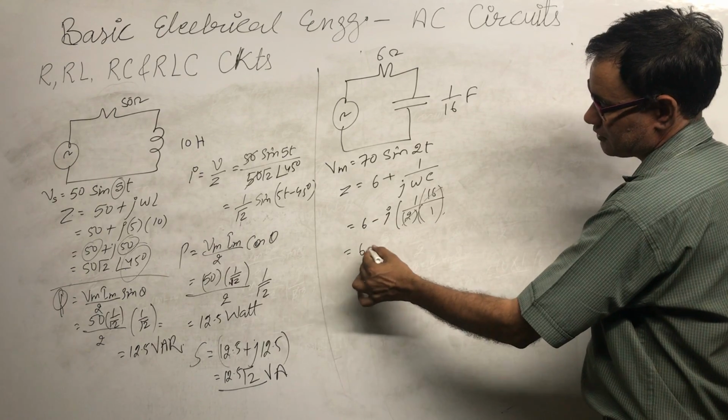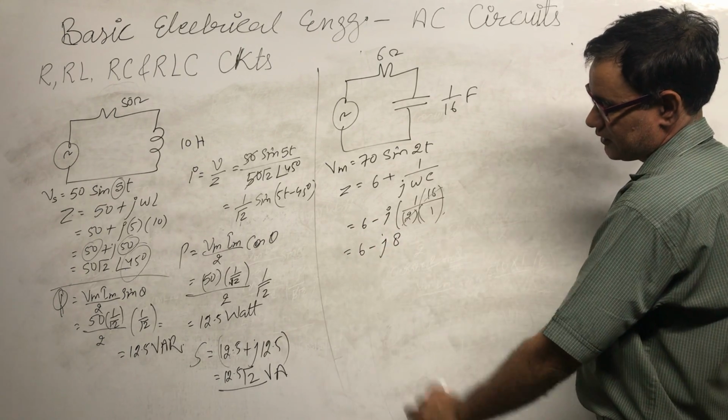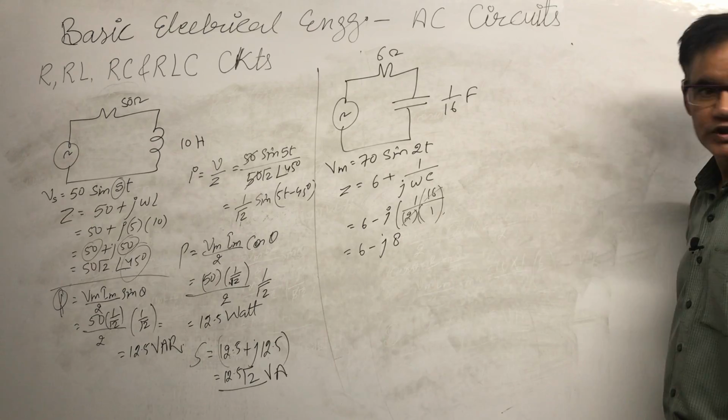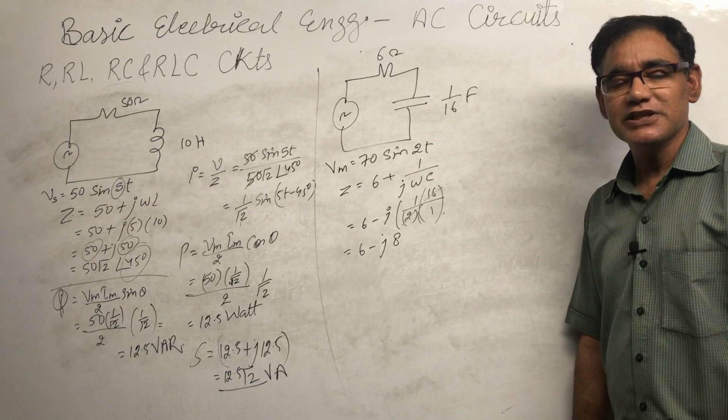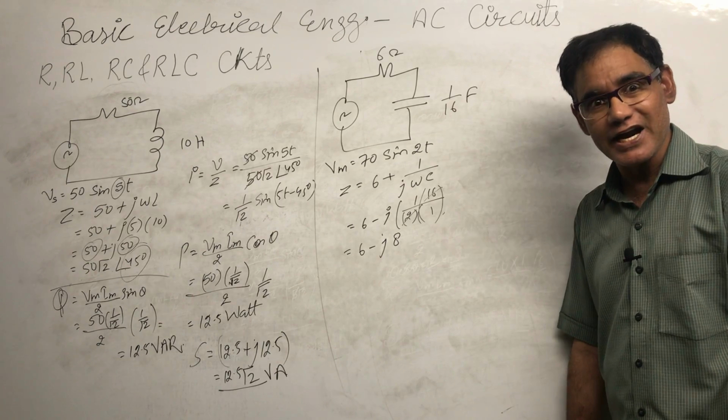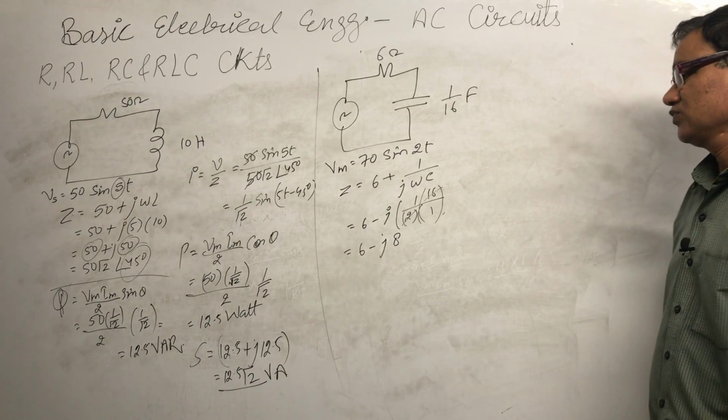So it becomes 6 minus j8. This is the way we can calculate the impedance if the capacitance is given in farad, not ohm.